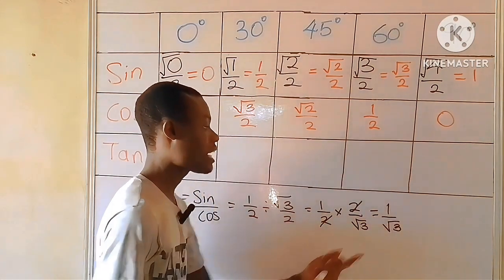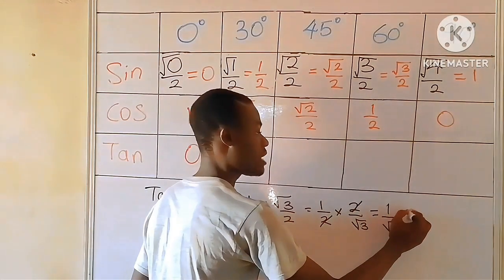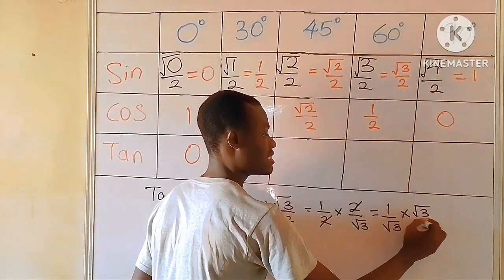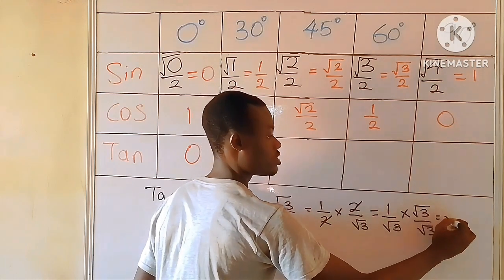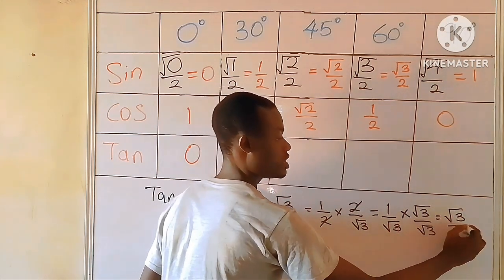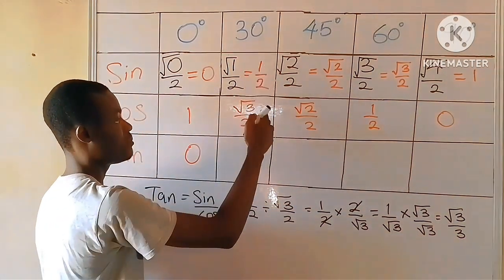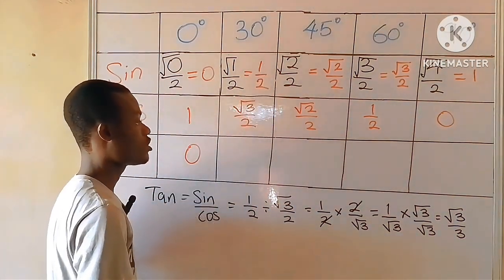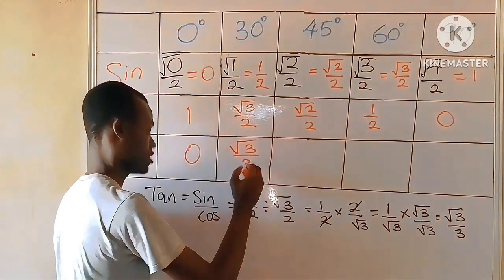In mathematics, we can't leave a surd as our denominator. So we multiply both the numerator and denominator by that surd. 1 times root 3 will give us root 3, and root 3 times root 3 in mathematics will give us 3. So it therefore means that this divided by this will give us root 3 over 3.